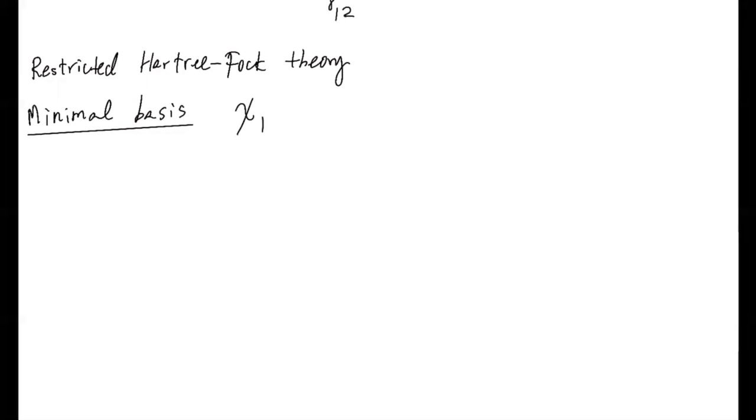Chi1 is the basis function on HA. Let's use the 1s orbital of hydrogen A as the basis. And chi2 is the basis function on proton B. Let's use the 1s orbital of hydrogen as the basis function here.